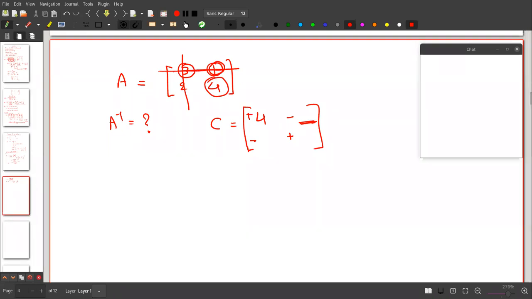I cut this row and this column. I'll get this 2. So here will be 2. What will I get in this place? I'll get 1. What will I get in this place? I'll get 3. So this is the cofactor. For this place, I have taken this and cut this and this. What will I get? This 3. Okay. So this is the cofactor.